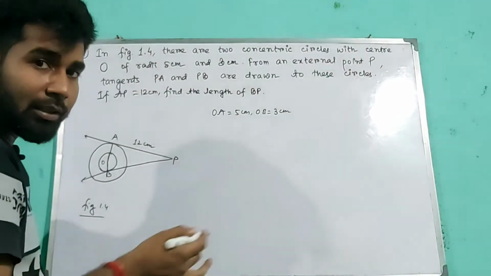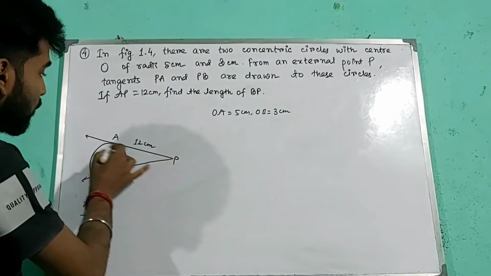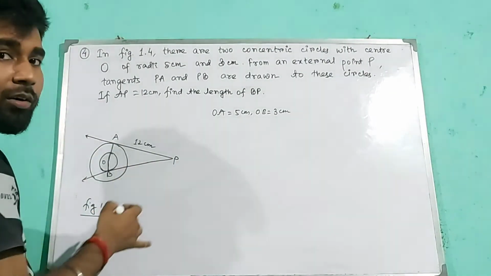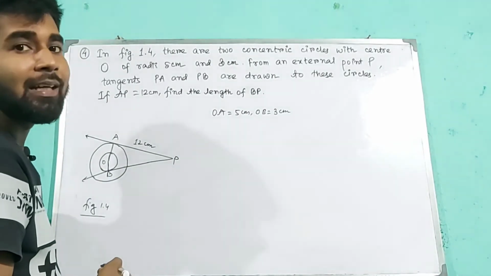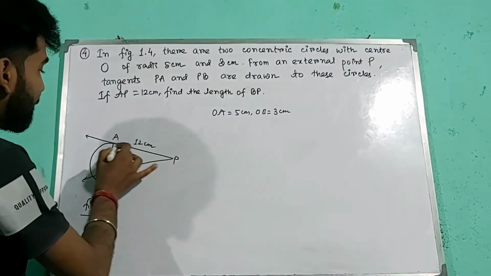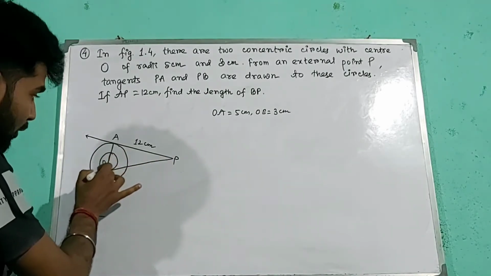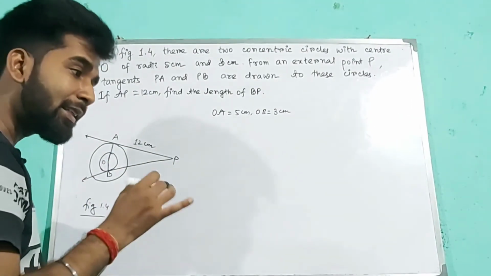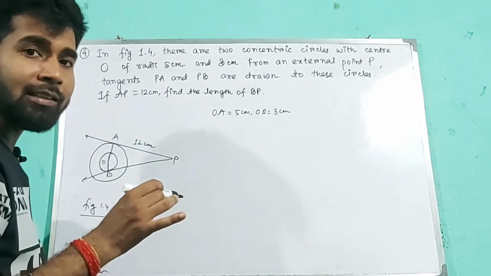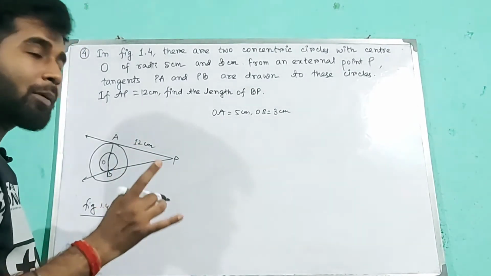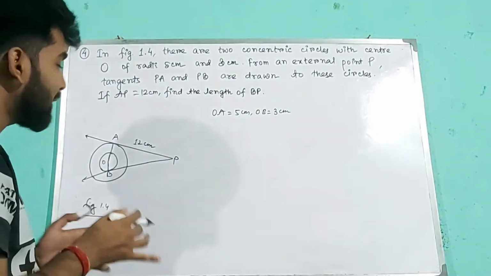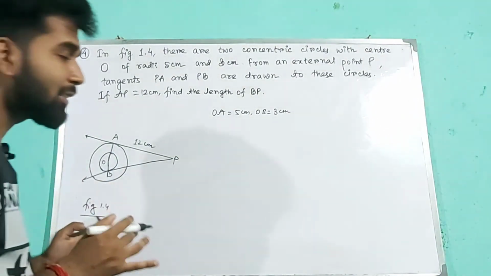So we can't use that theorem because the two tangents are drawn on two different circles. PA is drawn on the bigger circle and PB is drawn on the smaller circle. But our theorem is that the tangents from an external point will be equal, but they should be drawn on the same circle. But here they are drawn on different circles.